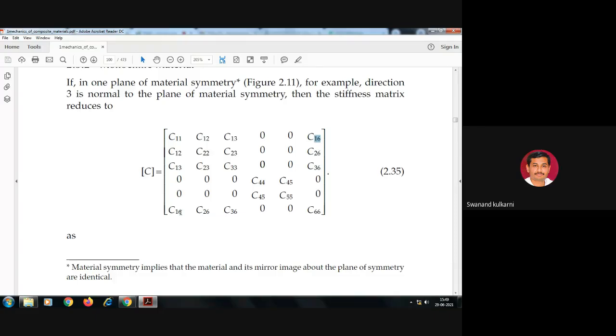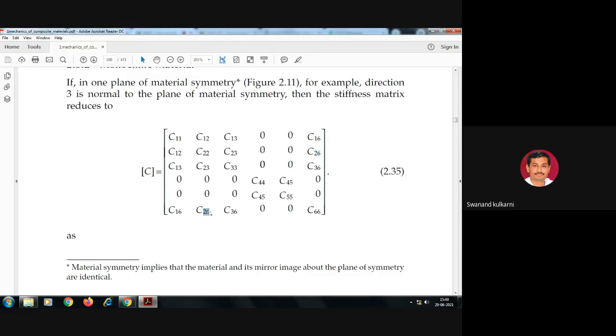Here 61 and 16 mean the parameter in the direction of 1 and 6, and the same will be in the opposite direction. Cij is equal to Cji. So C61 is replaced by C16 only. Similarly, here C26 is there, so this is repeated here.